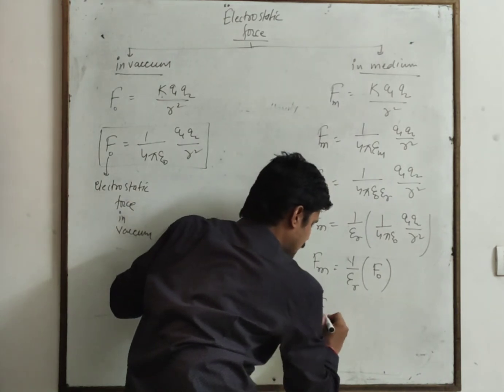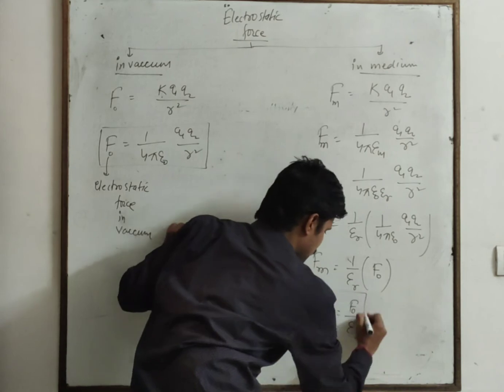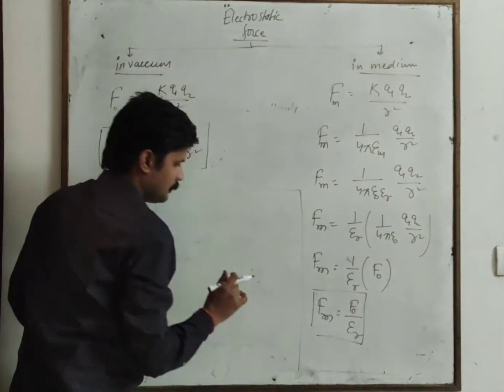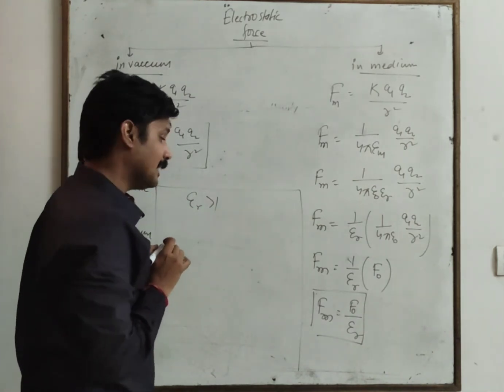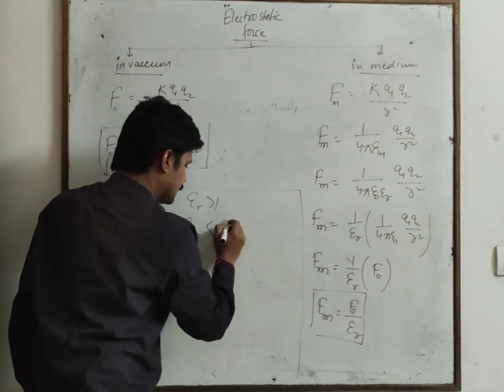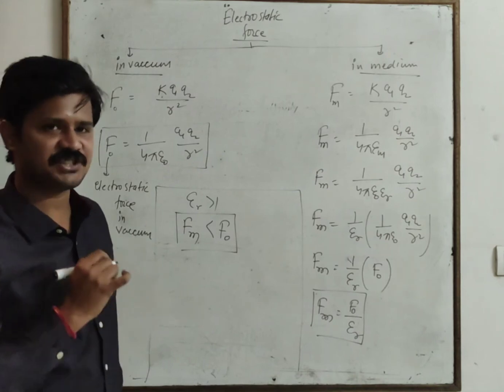Then Fm equal to F naught upon epsilon r. From above discussion, we can say that epsilon r is greater than 1. Then Fm is less than F naught.